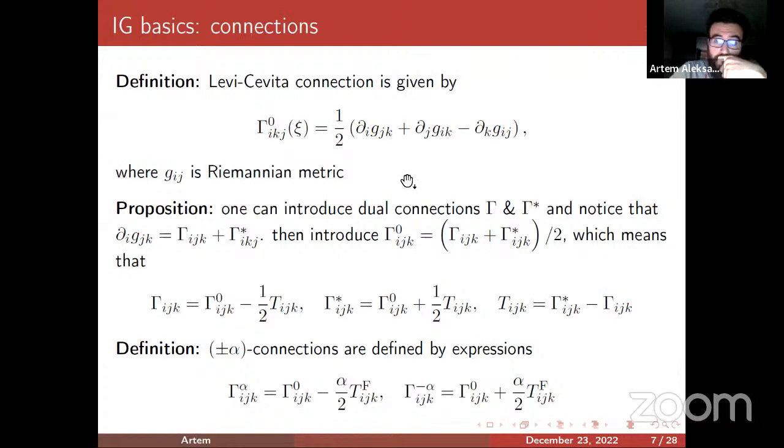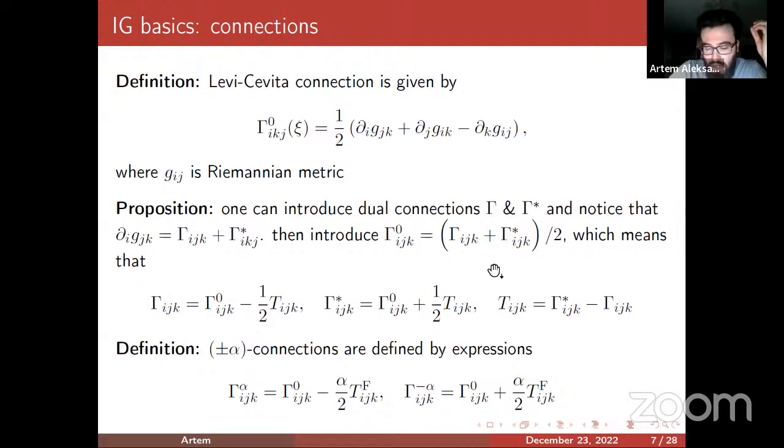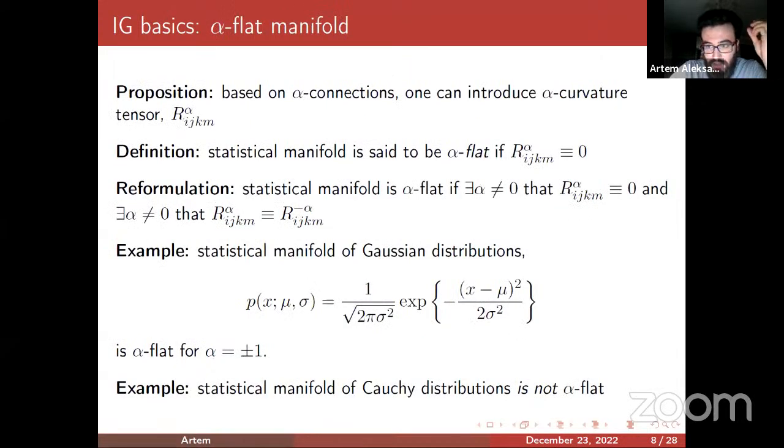But the torsion should be something special. The tensor T is called torsion, and it should be very special. I can provide calculations if you're interested, but after the talk, okay?